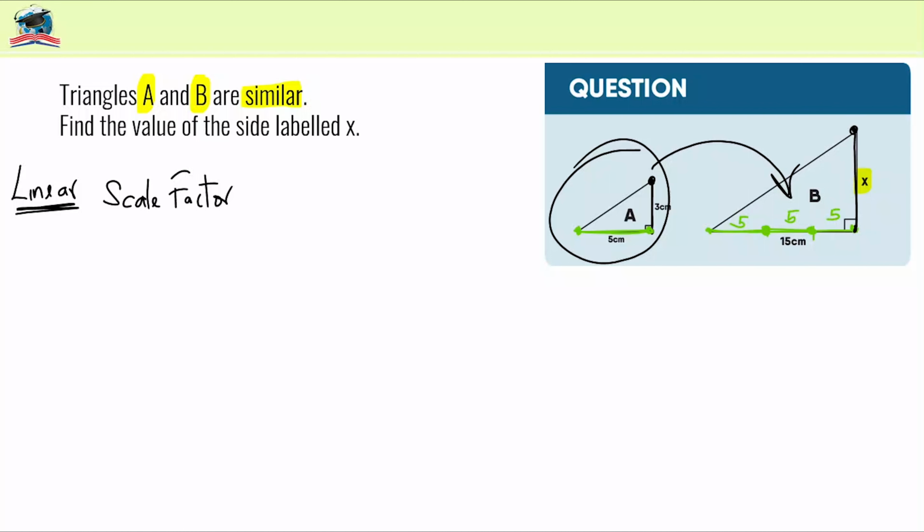Beautiful. So we've got 3 of it in there. And if we multiply, the value here is going to be 5 times 3, which will give us 15.